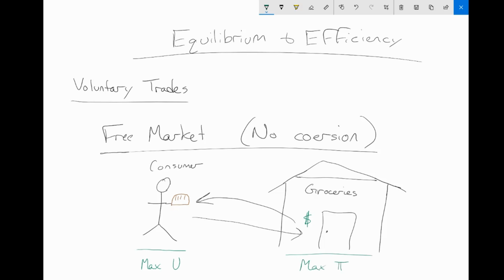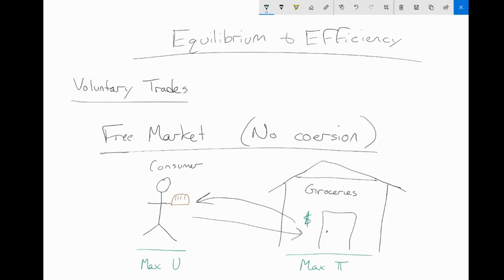Now, if a rational agent maximizes their utility, it means they make decisions to maximize their utility. Would a rational agent ever buy a loaf of bread if buying the loaf of bread gives them less utility than not buying the loaf of bread? Well, a utility maximizing agent would never make a decision that would give them less utility than the alternative.